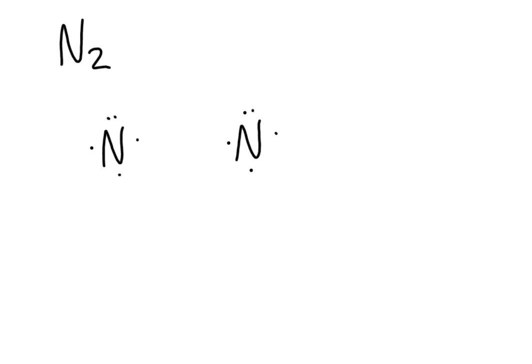So let's start pairing up these electrons. Oh, here's a pair, right? Well, if I did that, that would be here, here, here, here, there. Hopefully we see that can't work because each nitrogen only has, what, 2, 4, 5, 6 electrons. That's not going to work.